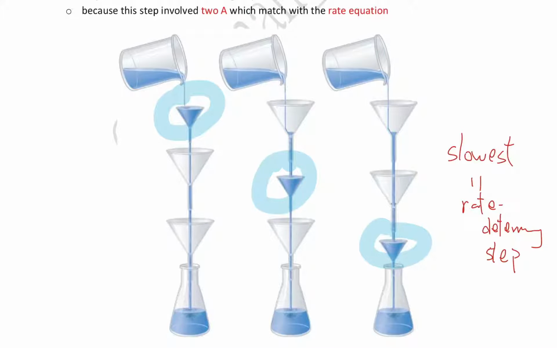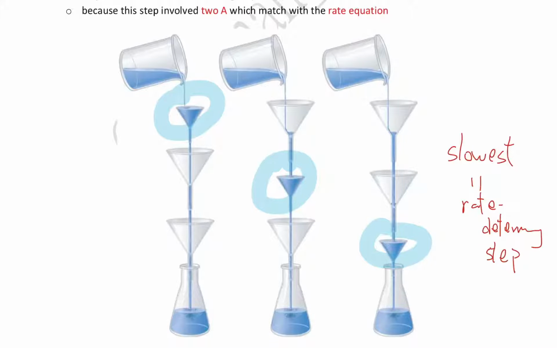It may be step 2 or even step 3. Even if the other filters are really big, they don't affect the overall rate. So the slowest step will always determine the overall reaction rate, and it can be the first, second or third one.